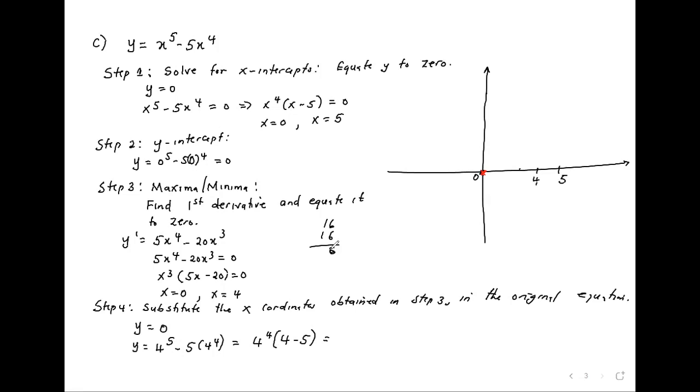It is 256. So it will be negative 256. So we get negative 256, another point here. Well, so we can sketch our graph.